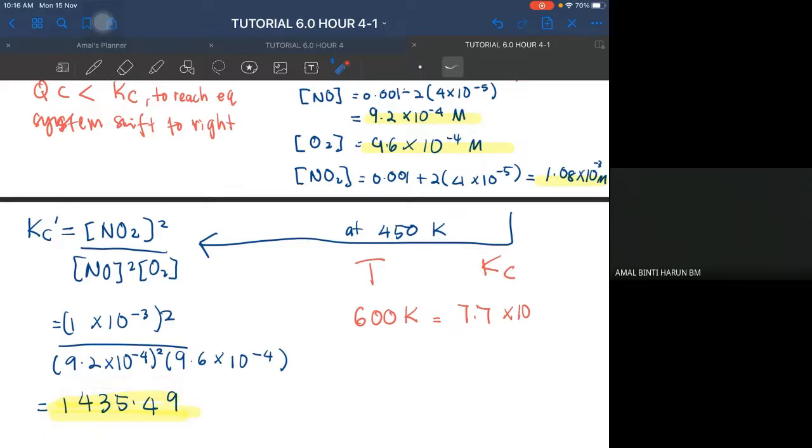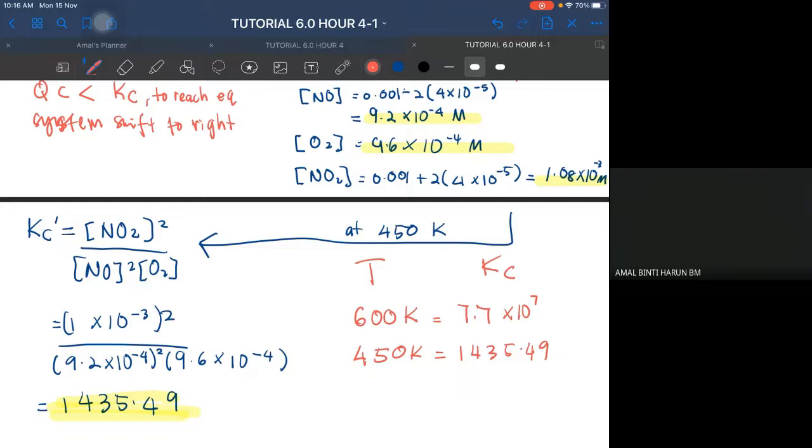Okay, sekarang kita nak tahu je lah daripada soalan yang kita dapat ni, apa hubungan temperature dengan KC. Kalau kita turunkan suhu 450 Kelvin, dia punya KC tu dah jadi ni eksponen 7, 1435.49. Okay.